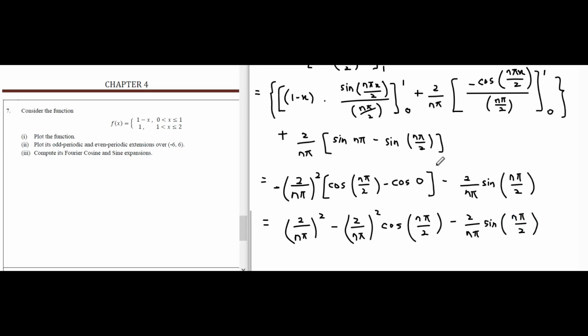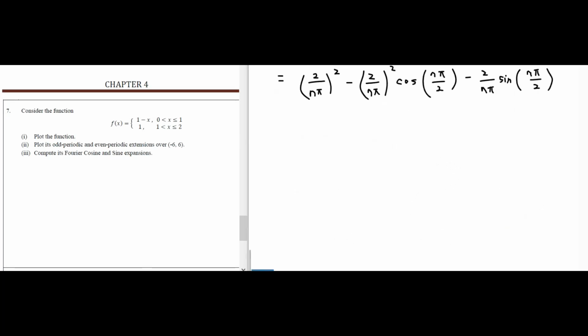Now we can consider whether n is odd or even at this point. It all depends on the possible values of n. So there are a few things we can take note of here.